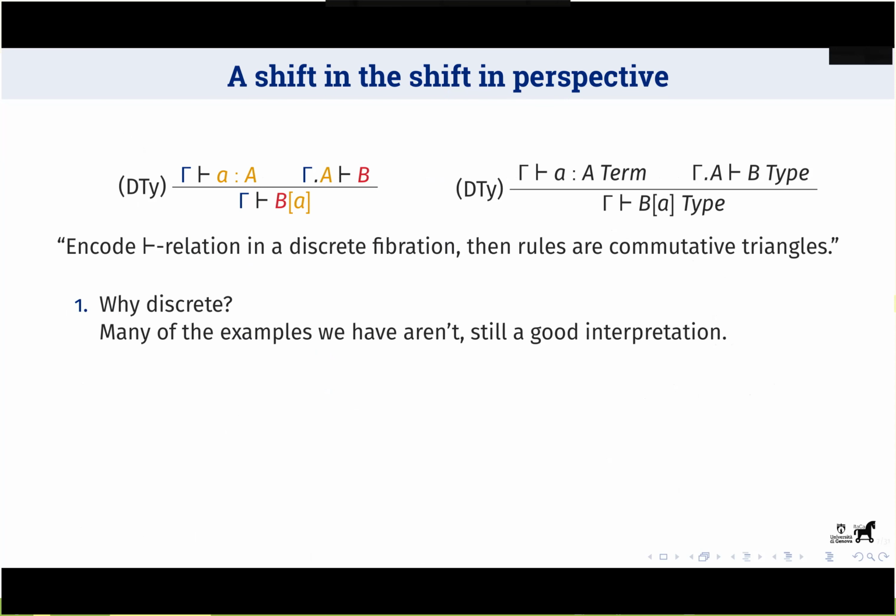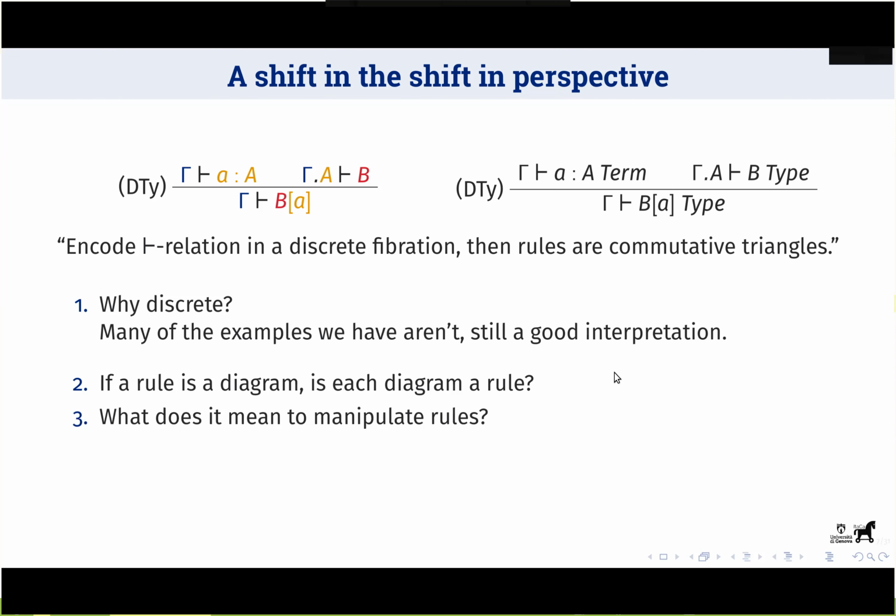So if a rule can be encoded in a diagram, does it mean that we can point at some classes of diagrams such that each diagram here denotes a rule? So this is a second question. And then what does it mean to manipulate rules? This is connected to the second point. And what is the minimum deductive power, in terms of diagrams, that we need?